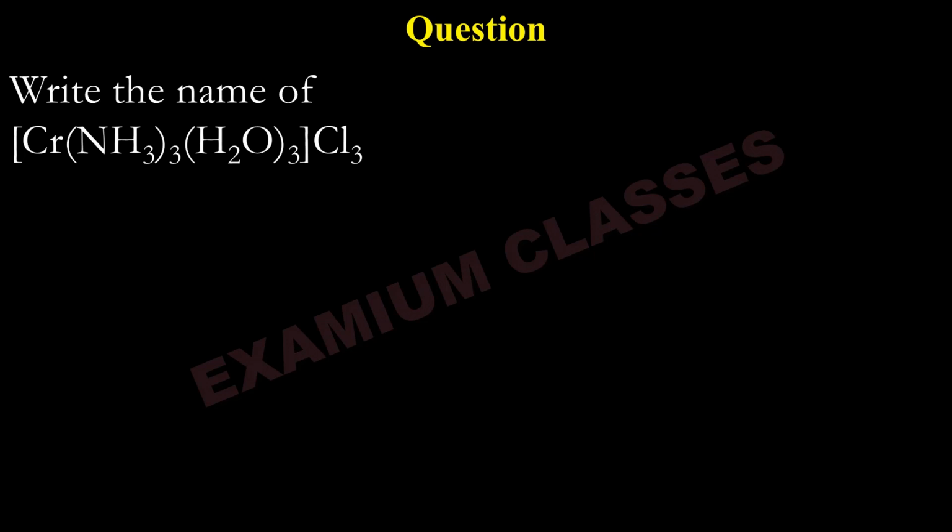Always the cationic part will be named first. So whether the coordination entity is a cation or anion: the coordination entity is a cation because it will have a 3 plus charge. This has a minus 3 charge. So you will first name the coordination sphere, the coordination entity. And in the coordination entity, you have these ligands.